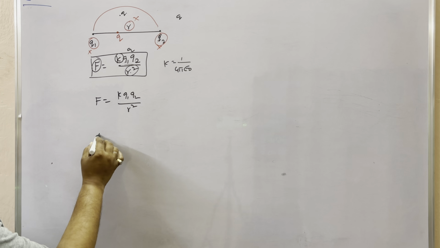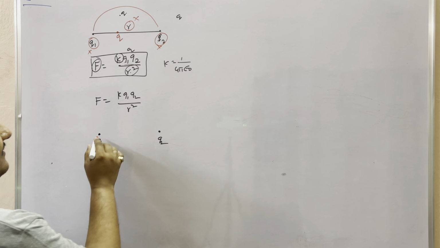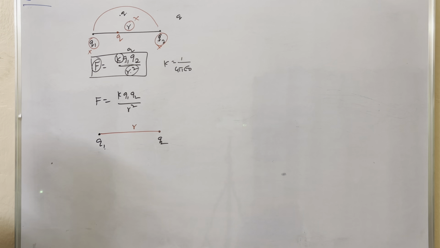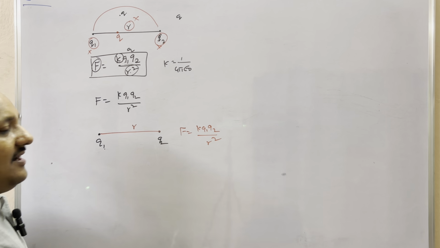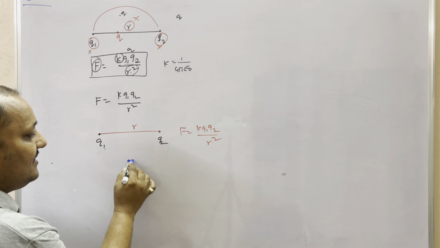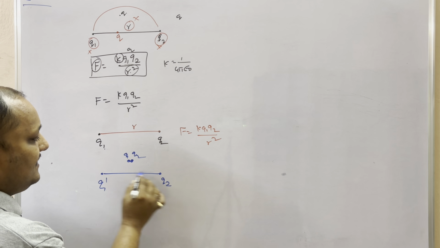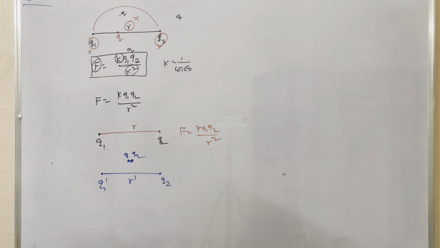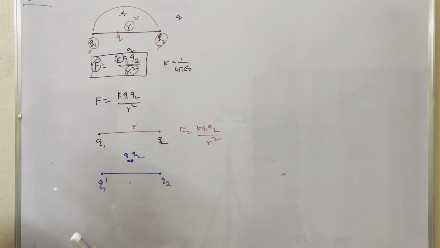Now another one: two charges Q1 and Q2, very small point charges, separated by distance r. Force between these two, F is equal to K Q1 Q2 by R square. Now both the charges are brought in contact and separated to the same distance r, or some new distance they may give. Here we are doing it for the same distance.